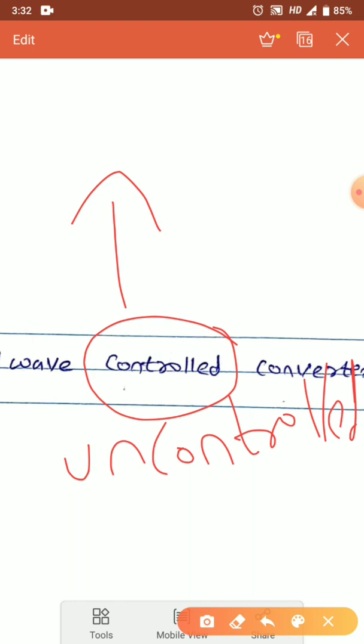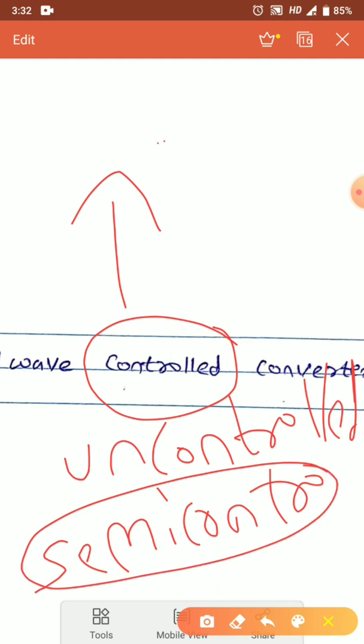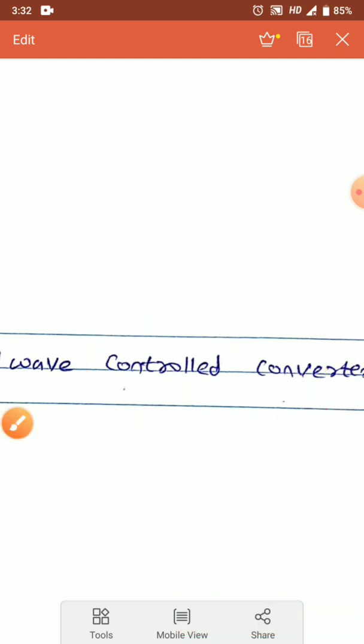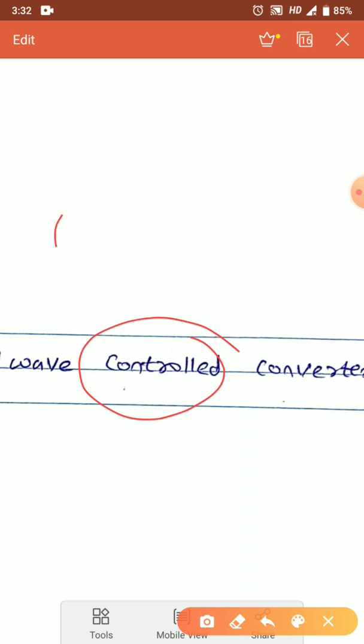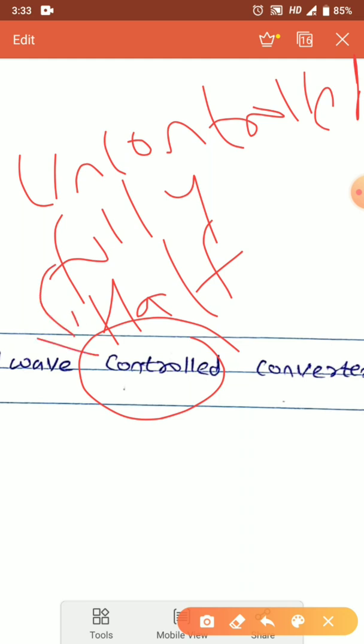Controlled means I am using a controllable switch like SCR, IGBT, power MOSFET, power BJT, GTO, etc. Then we have one more category called semi-controlled, where I'll be using diodes and SCRs in combination, so I can call it half controlled. That is, I have fully controlled, half controlled, and uncontrolled. So this controlled term can be replaced with uncontrolled, fully controlled, or half controlled. Generally, controlled indicates fully controlled.